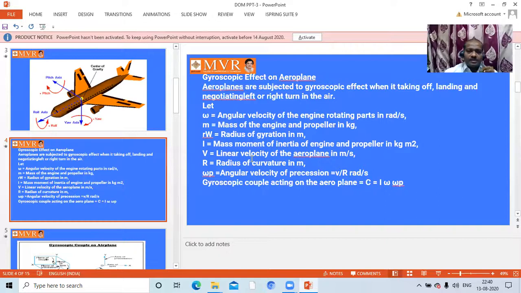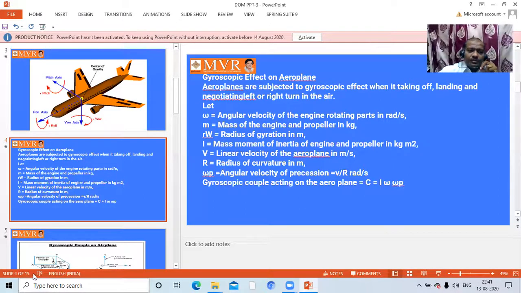R is the radius of curvature in meters. ω_p is the angular velocity of precession, that is V/R, in radians per second. So based upon these factors, the gyroscopic couple C = I ω ω_p, where I = m k², ω is the angular velocity of spin, and ω_p is the angular velocity of precession.